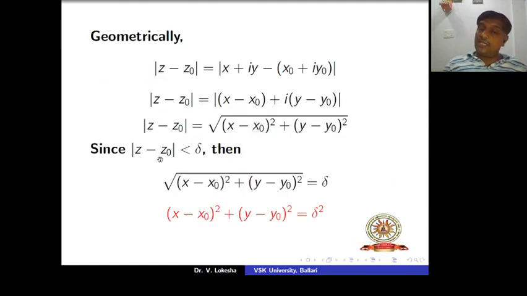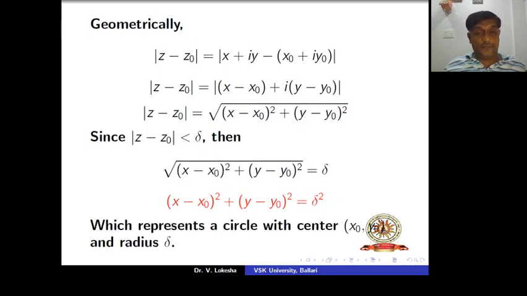Since mod z minus z naught is less than delta, meaning inside the disk, we can write this equal to delta, so (x minus x naught) the whole square plus (y minus y naught) the whole square is equal to delta square, which is the equation of a circle with center at (x naught, y naught) and radius delta.